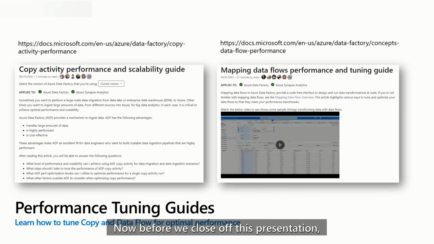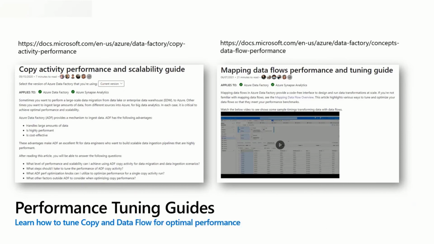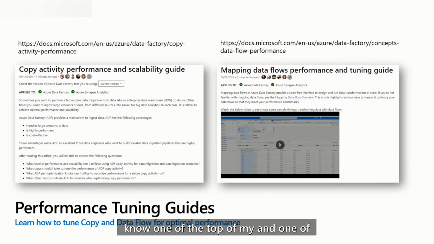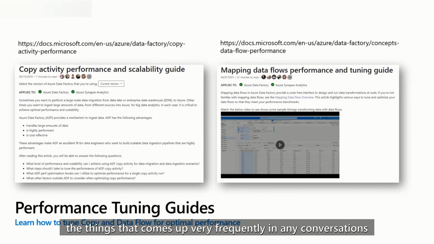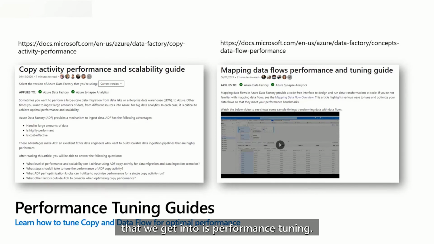Before we close off this presentation, I just wanted to bring to everyone's attention one of the top-of-mind things that comes up very frequently in any conversation we get into: performance tuning. We often get asked, how do you get the best performance from data ingestion? Or how do I get the best performance when using data flow?